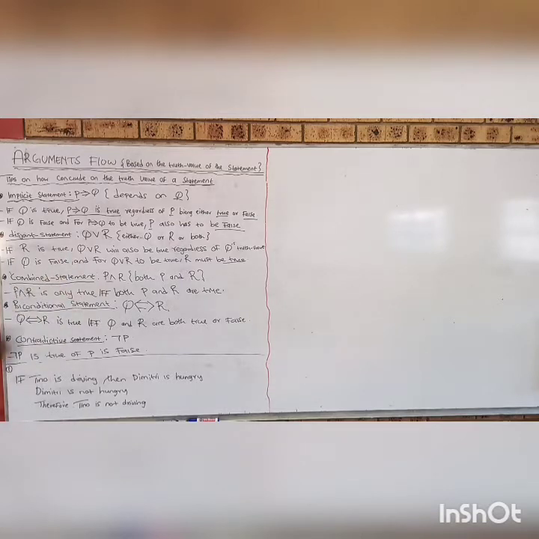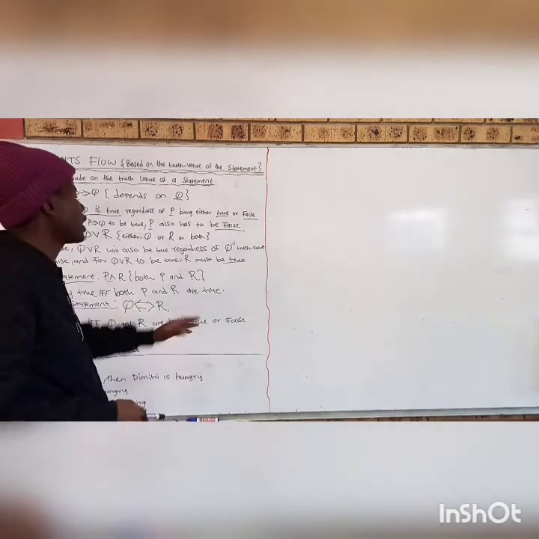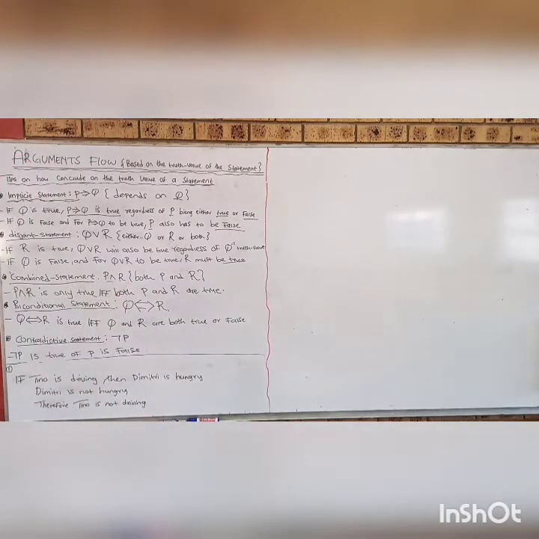Then the combined statement, P intersect R. P intersect R will be true if and only if both P and R are true. So this is vice versa: if P and R are true, P intersect R is true, and if P intersect R is true, P and R are true. So it's combined.